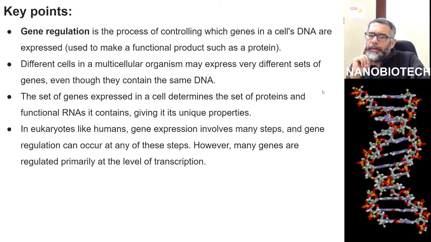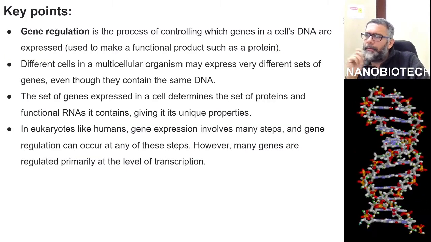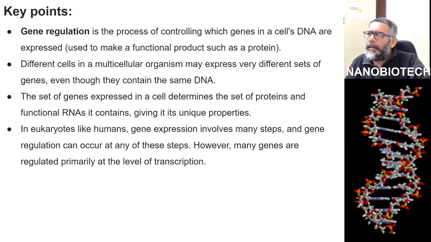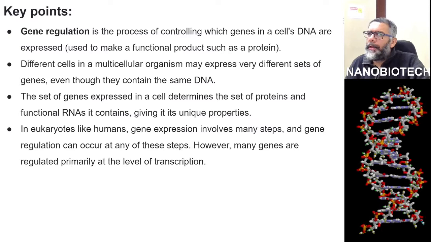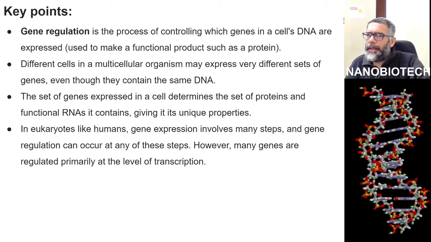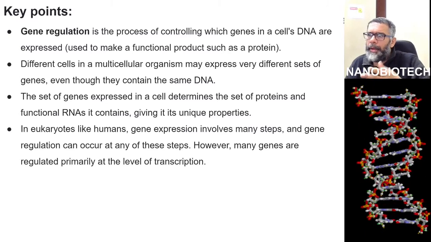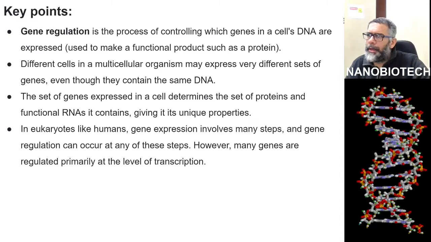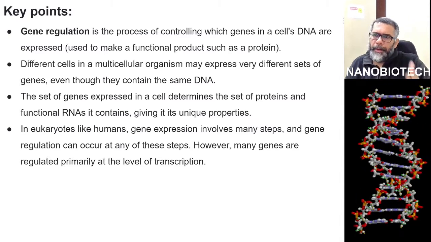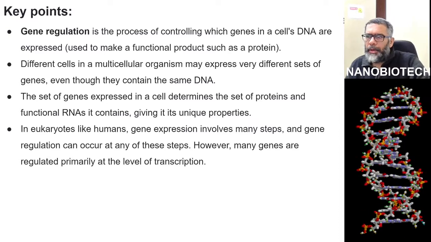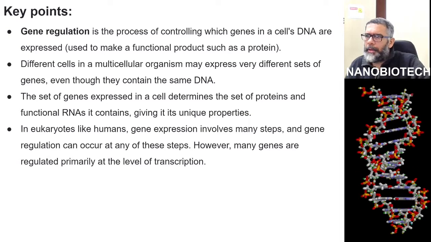So, to give the summary, what are the key points so far that I tried to explain? Gene regulation is the process of controlling which genes in a cell's DNA are expressed, used to make a functional product such as protein. Different cells in a multicellular organism may express very different sets of genes, even though they contain the same DNA.